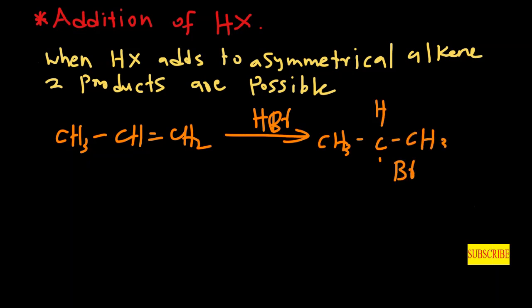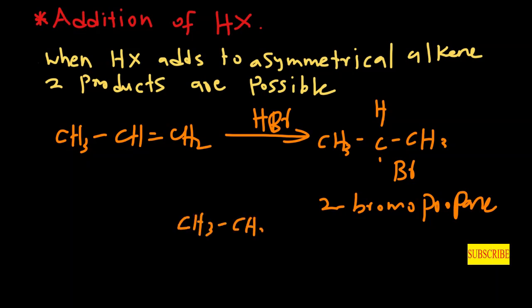This one is known as 2-bromopropane. Our other product is CH3CH2CH2Br. This one is known as 1-bromopropane.